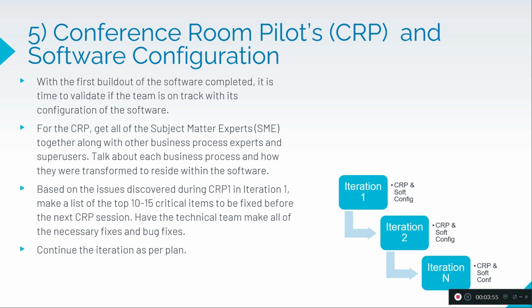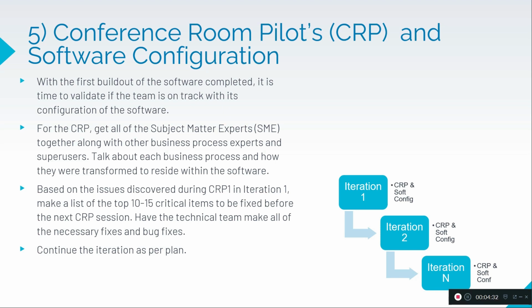For the CRP, we will get all the subject matter experts together along with other business process experts and super users. Here our functional analyst and the technical architect will work along with the SMEs, business process experts and super users, and they will go through each business process and how we can transform that into the existing software.